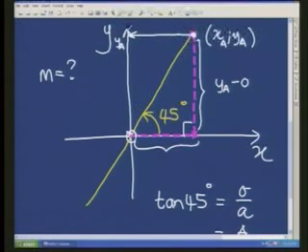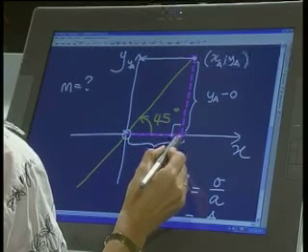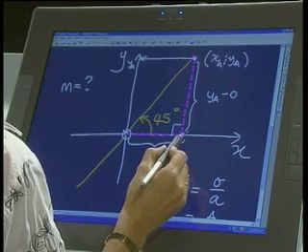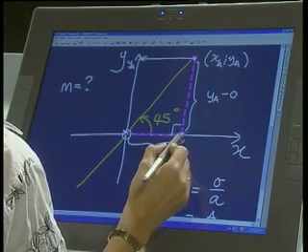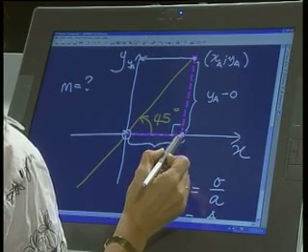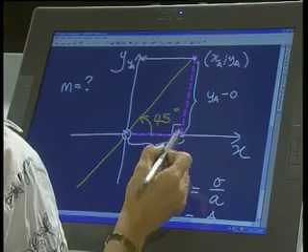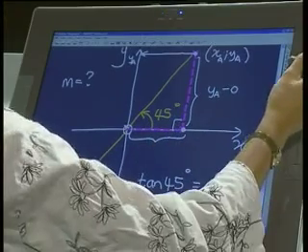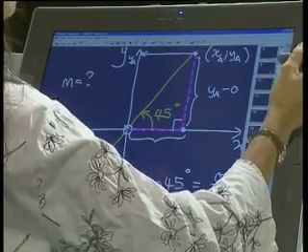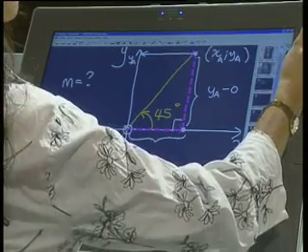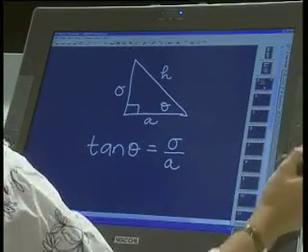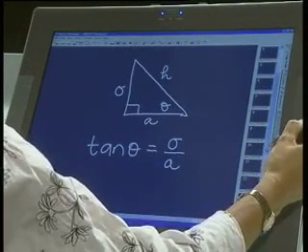Let's say this is x of A. What is the x value at this point? We're not getting that, so let's go back.